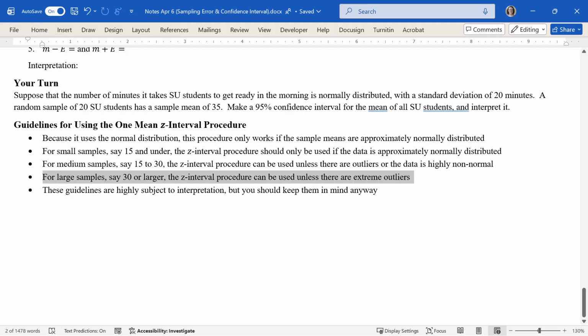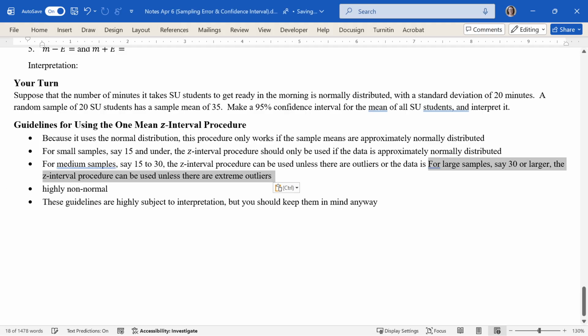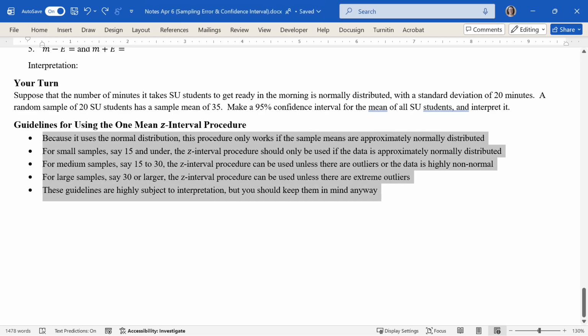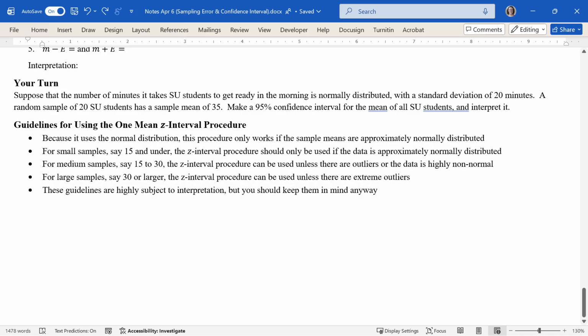Even when you've got a large sample size, you could still have super non-normal data. These guidelines are somewhat flexible and subject to interpretation, and the normal distribution itself is a theoretical object that never exists perfectly in real life anyway. It's just an approximation, because all real data is discrete and not continuous.